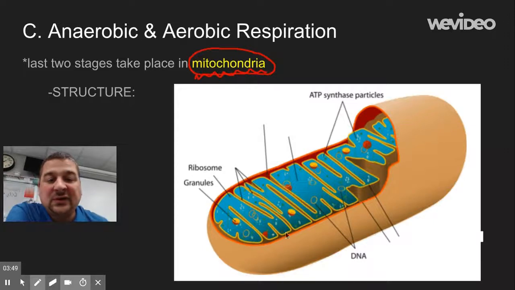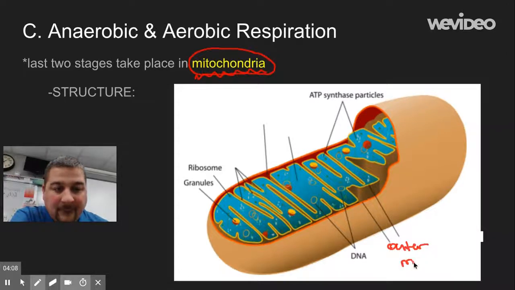Okay, the basic structure of the mitochondria, and you'll see this again, just like you did the chloroplast on your last test. Like the chloroplast, because of the endosymbiotic theory, we think they were once engulfed by an early eukaryote. It has an outer membrane from being engulfed, and then also its original membrane, or inner membrane.